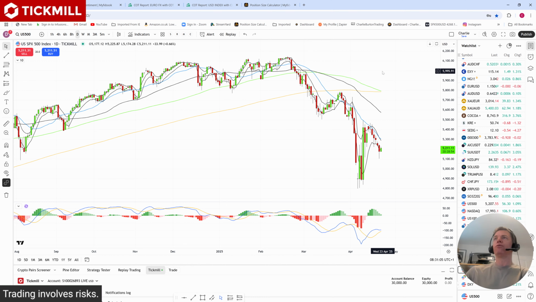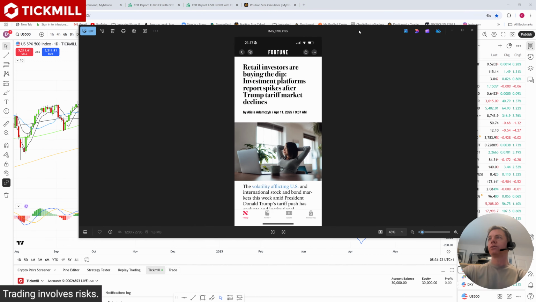Now, I know, for example, we can look at things like the fear and greed index, which got really negative in the short run just a couple of weeks ago. However, and there is a big but here, and there we go, I'm bringing it across.